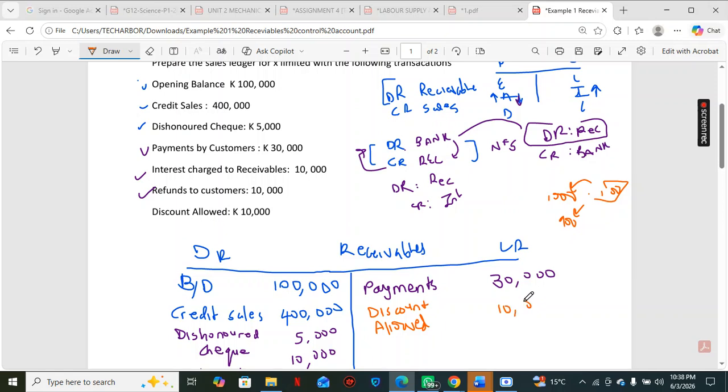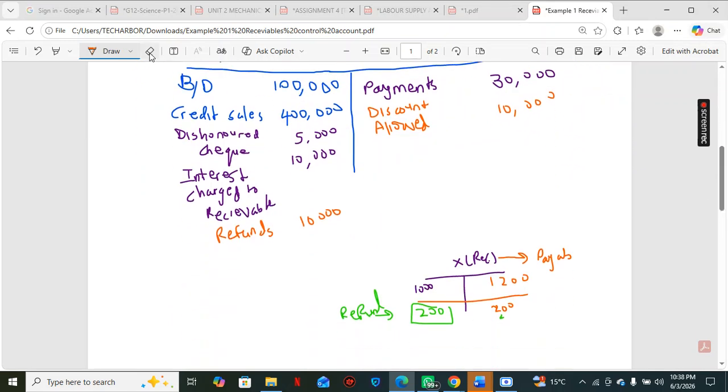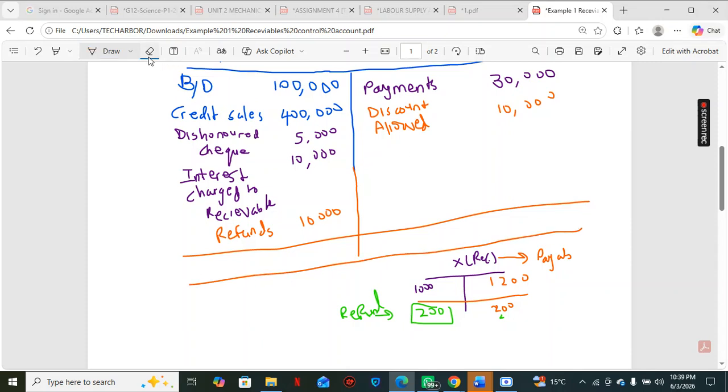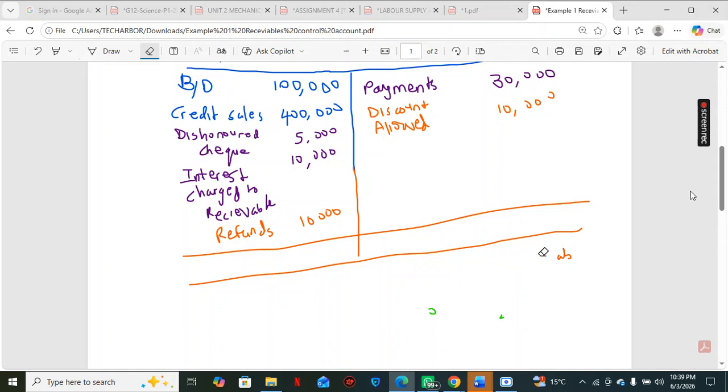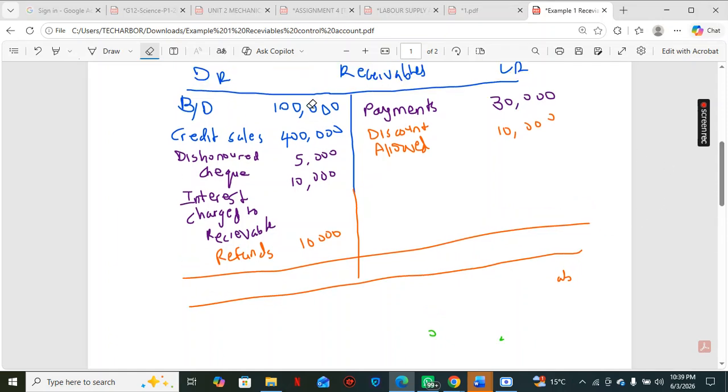All right, so now we need to close our account. So we total the debit and credit side. We can see the debit side is already bigger. 100,000 plus 400,000, 500,000. 500,000 plus 5,000, 505,000.